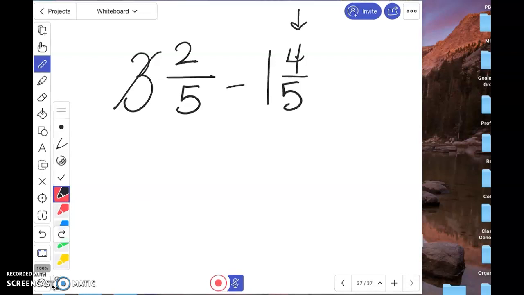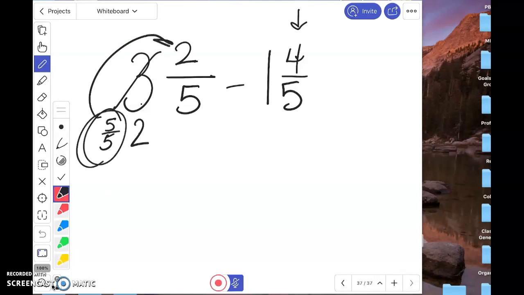So this is going to be 5/5, because that's 1, and 2/5, because 1 plus 2 makes 3. Now what you're doing is you're combining this over here. So you're going to turn this into 7/5. 5 plus 2 makes 7. Now you can subtract. 2 minus 1 is 1. 7 minus 4 is 3. And you keep that denominator.